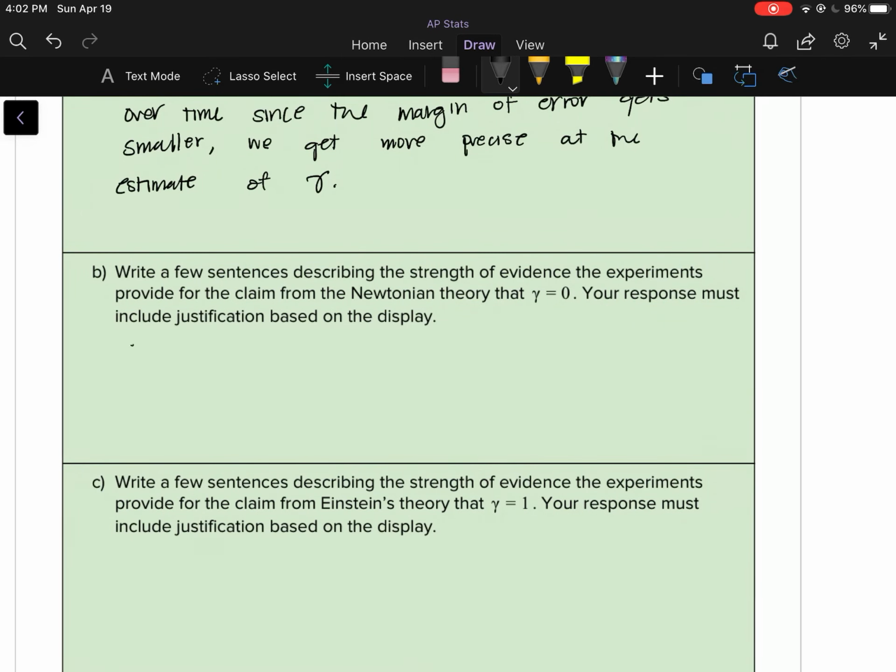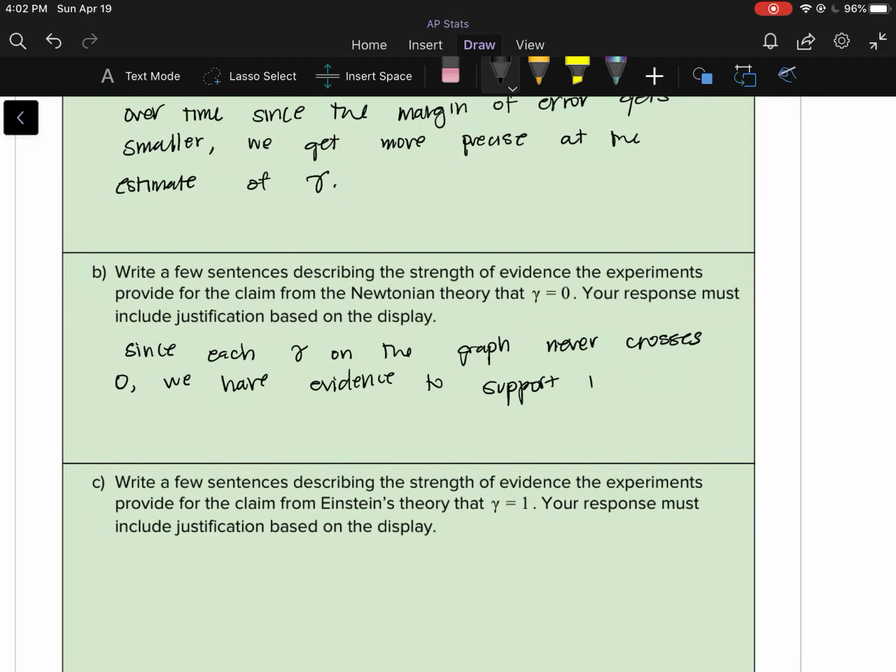So since each gamma on the graph never crosses 0, we have no evidence to support that gamma equals 0.